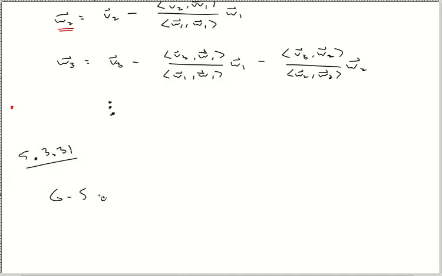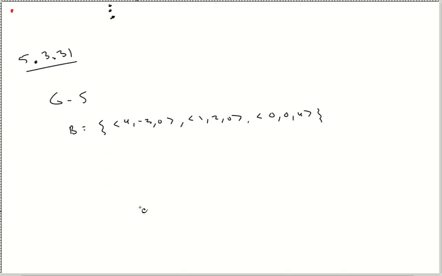Gram-Schmidt with my B equal to 4, negative 3, 0, 1, 2, 0, and then 0, 0, 4. So my B prime is what I'm looking for. I'm looking for, you can call it W1, W2, and W3. That's my goal here. I need to find those three vectors.